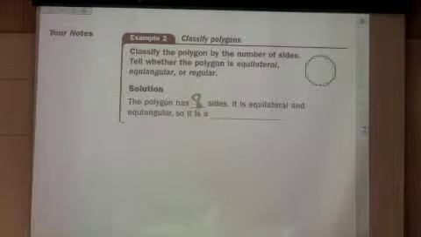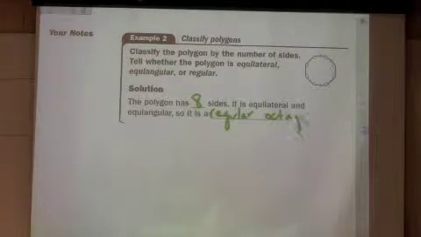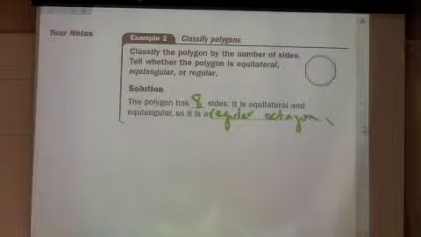Is it equiangular? Yes. Again, we see the angle indications that tell us they're all equal. So if it's equiangular and equilateral, what do we classify it as, Katie? Regular. A regular 8-sided figure, we call it a regular octagon.